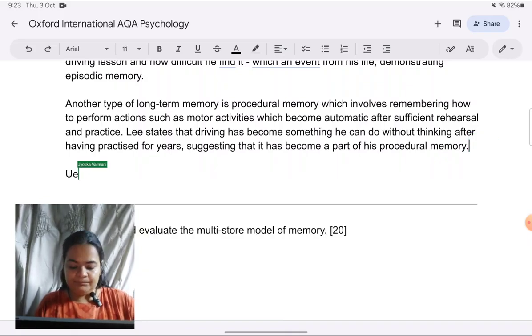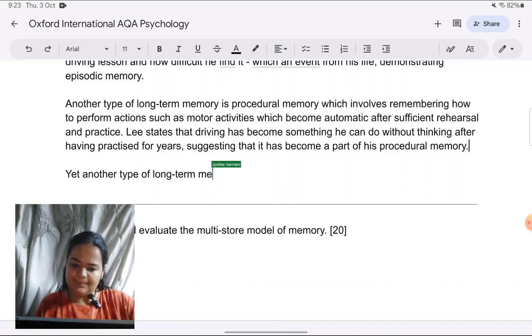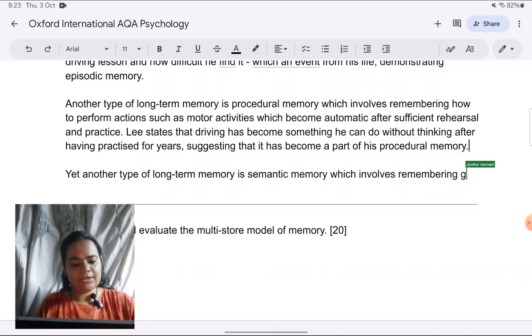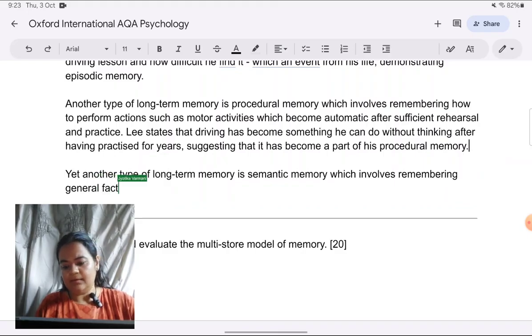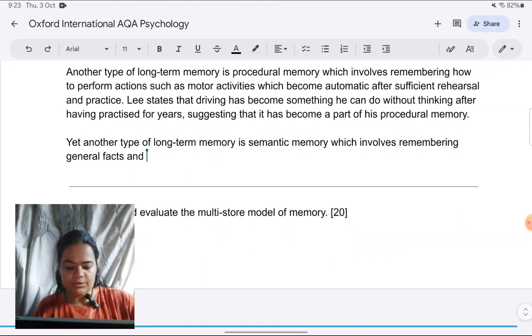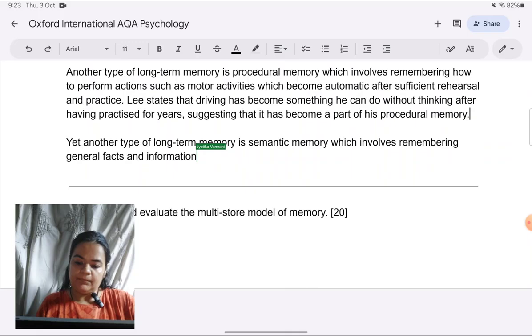Yet another type of long-term memory is semantic memory, which involves remembering general facts and information about the world.